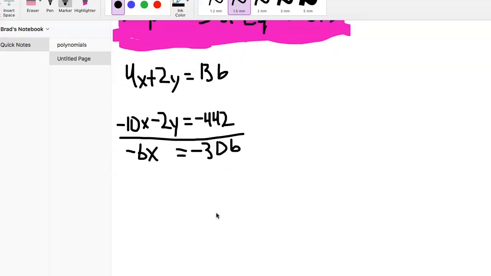Divide each side by negative 6, so we can get that x by itself and solve for it. X equals 51.